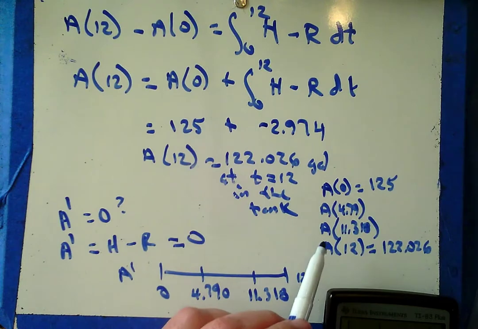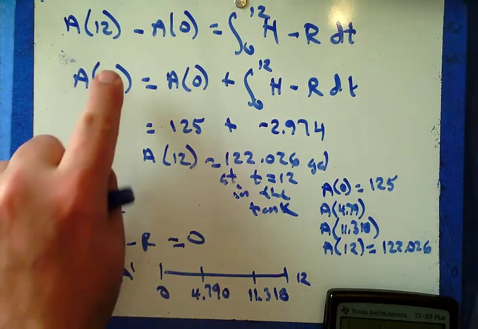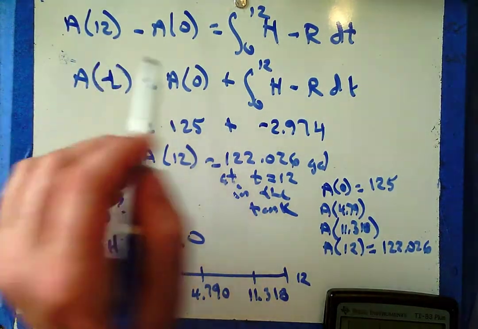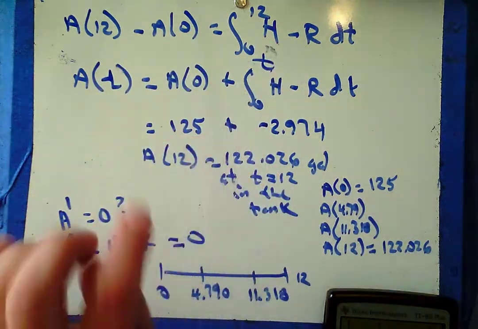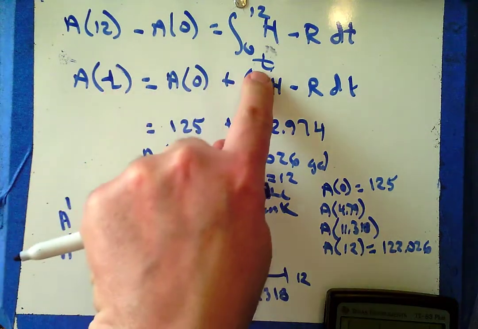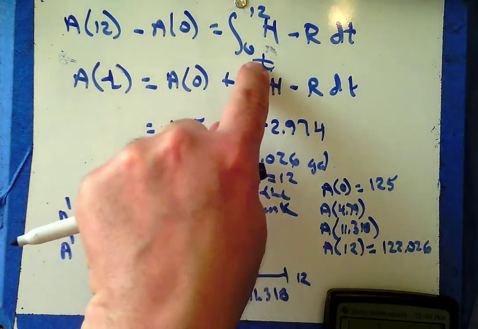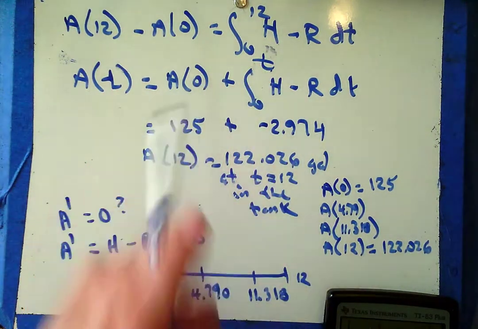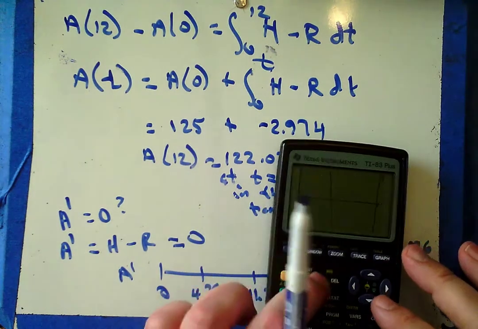And how do I find these amounts? Well, I go back to my amount function, and I plug in the times here. So I'm going to plug in a 4.79 here and a 4.79 here. So I need to integrate from 0 to 4.79 and add 125.